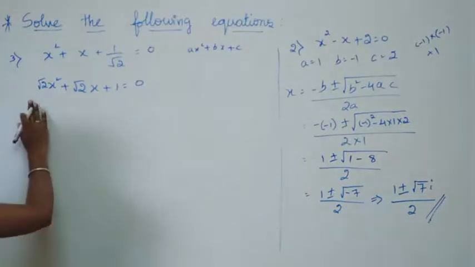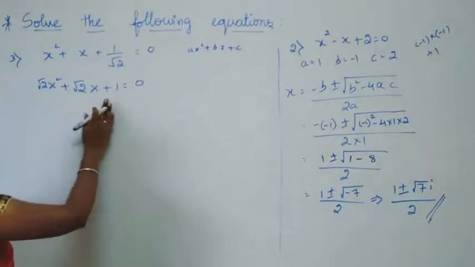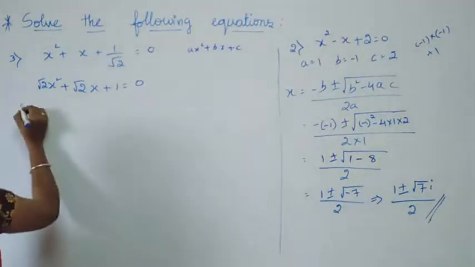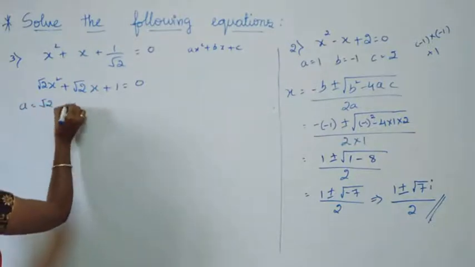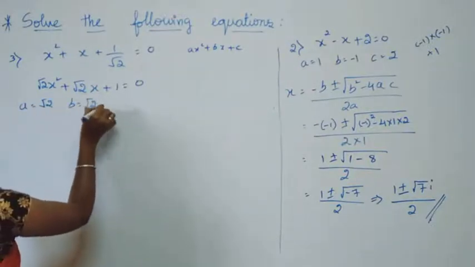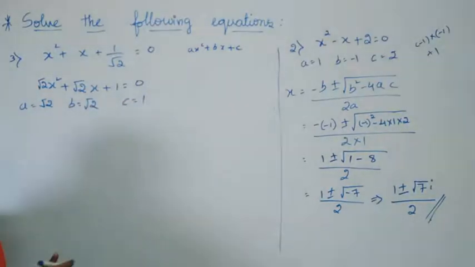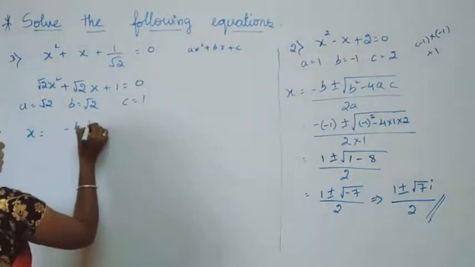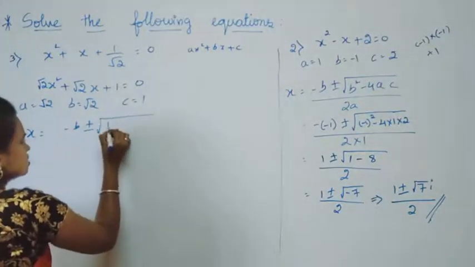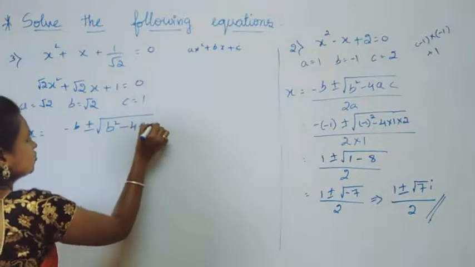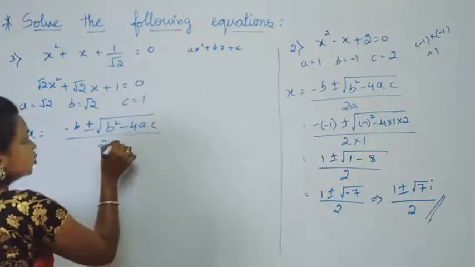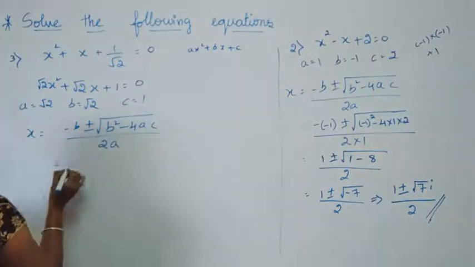So now this is of the form ax square plus bx plus c. What is the value of a here? Root 2. b is equal to root 2 and c is equal to 1. Understand? So now write down the formula. x is equal to minus b plus or minus square root of b square minus 4ac divided by 2a. Okay. Now substitute the values.